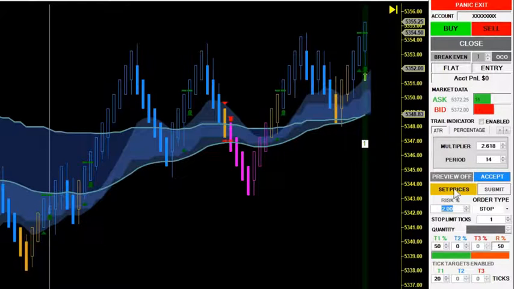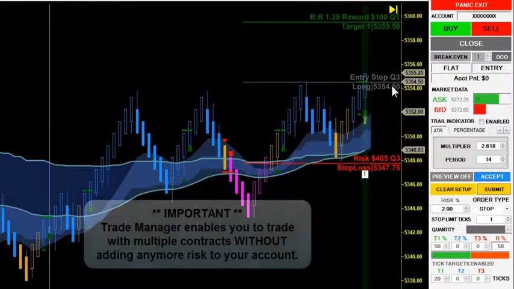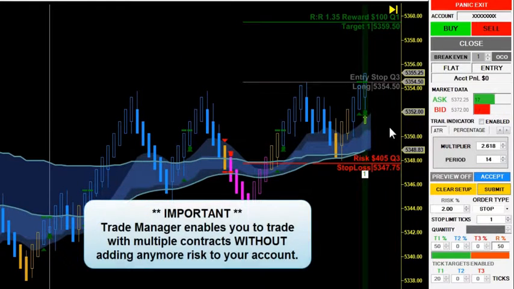The other thing the Trade Manager does for you by capping your risk is it will also maximize your profitability. It will maximize the number of contracts that you are able to take relative to your risk. Now note the risk amount here is $400 approximately. And right now I can afford to trade 3 contracts.